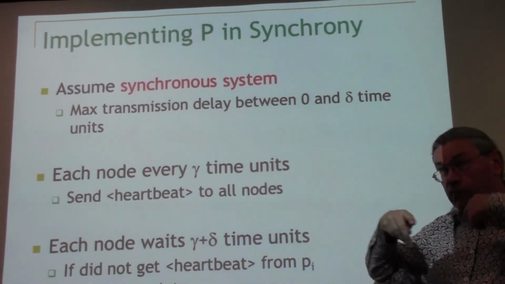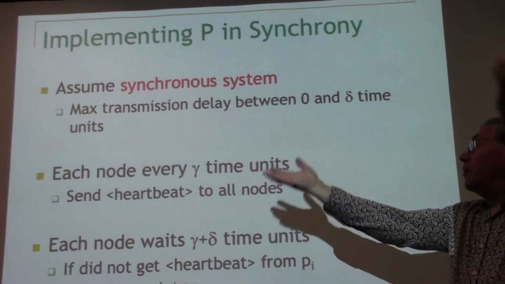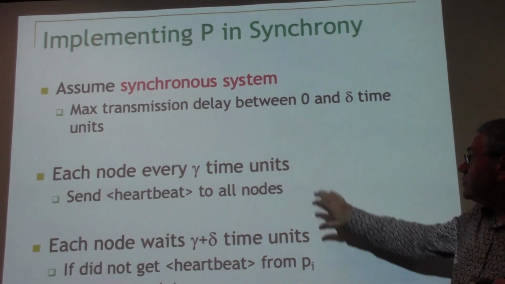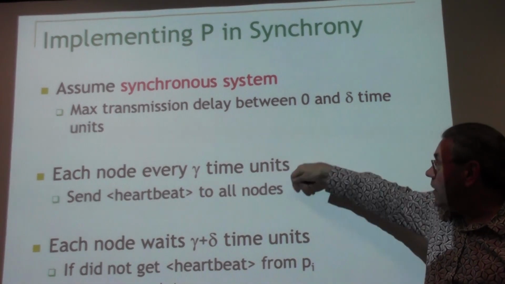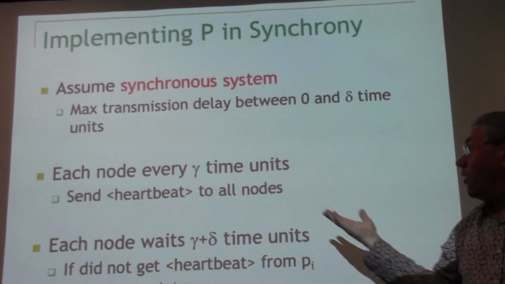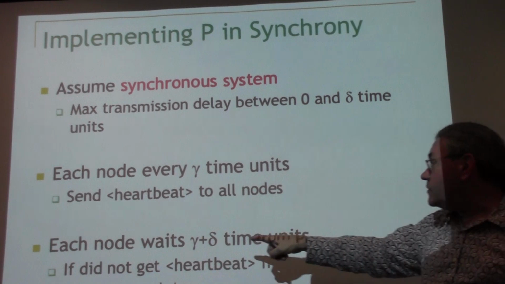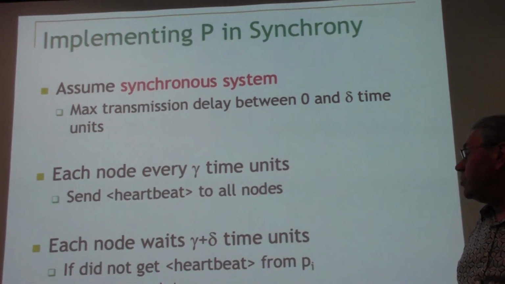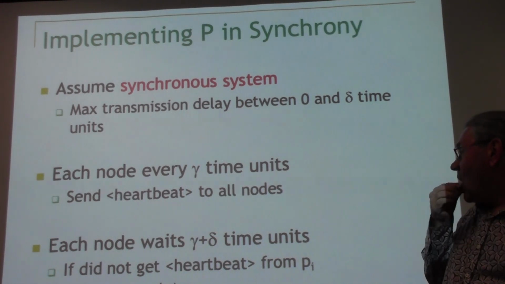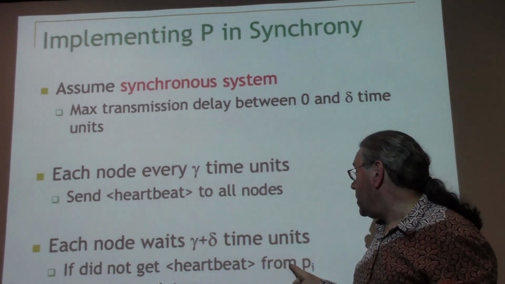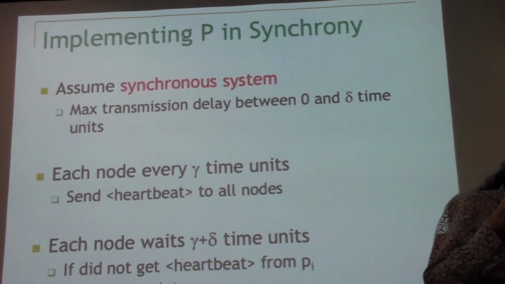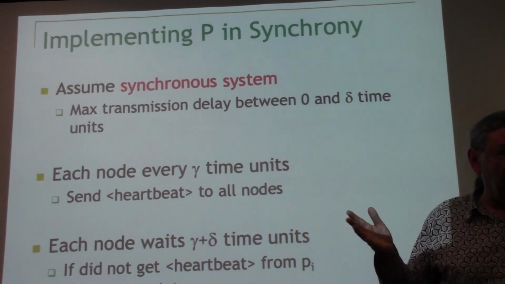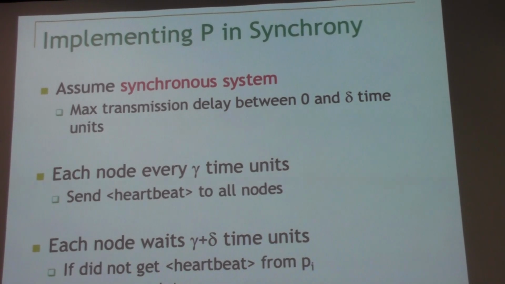Every gamma units, you send a message to all nodes. So all the nodes execute this code. It has an infinite loop. Every gamma time unit it sends a heartbeat, and then it waits gamma plus delta. If it did not get a heartbeat from PI in a period of gamma plus delta, then it knows PI has crashed. And that's it.